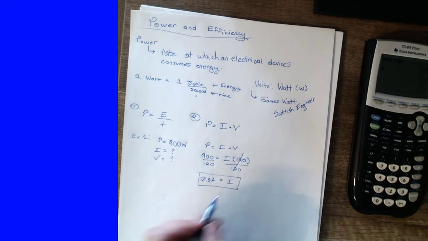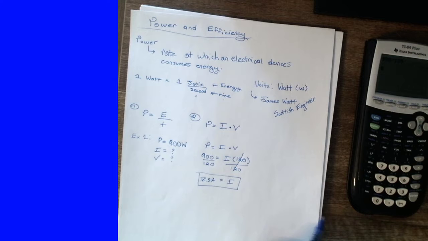Now, maybe that doesn't seem like a lot, maybe it does. What you should know is, and this is kind of anecdotal, it's going to be different for every household, but when I was growing up, the circuits could actually only take about 15 amps, so you couldn't run the toaster and the microwave at the same time, because that would blow the fuse. It depends on how much the circuit can take, or how much the fuse can take before it breaks.